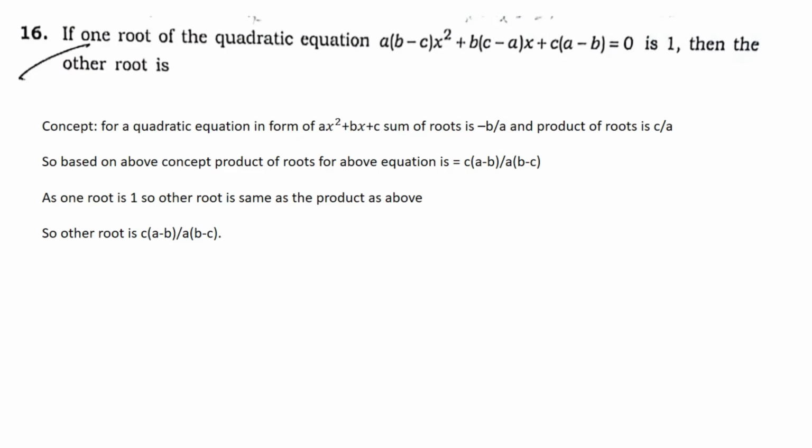So based on the above concept, the product of roots for the equation is c into (a minus b) by a into (b minus c). As one of the roots is 1, the other root is the same as the product. Why? Because 1 into anything is the same as anything. So the other root is c into (a minus b) by a into (b minus c).